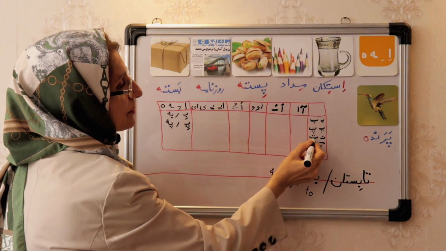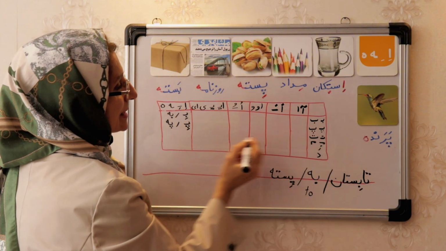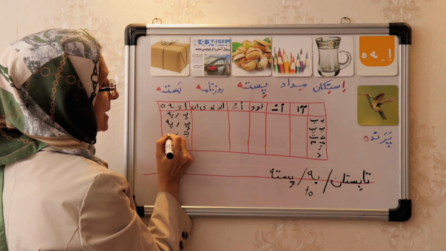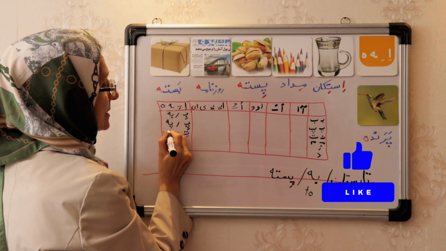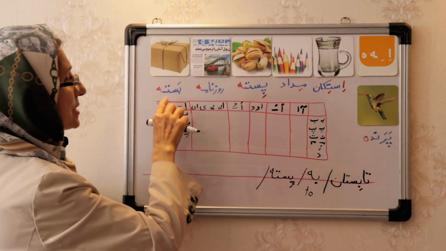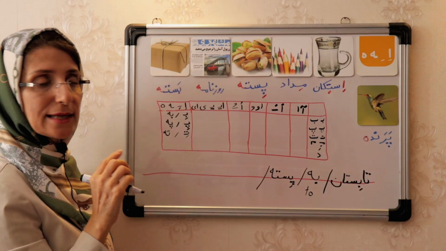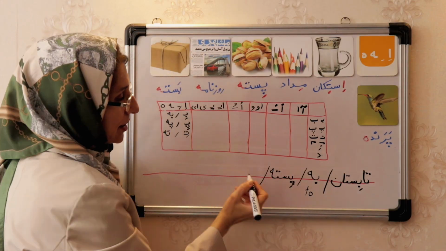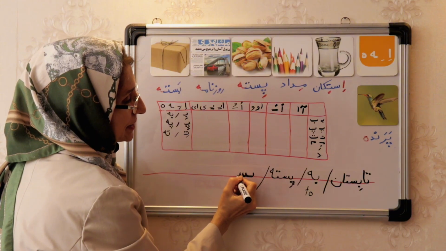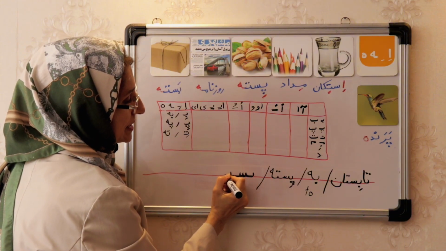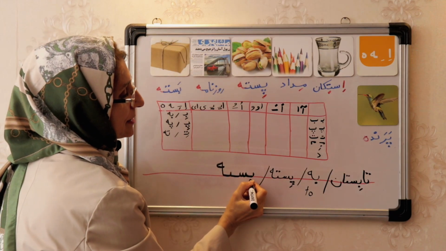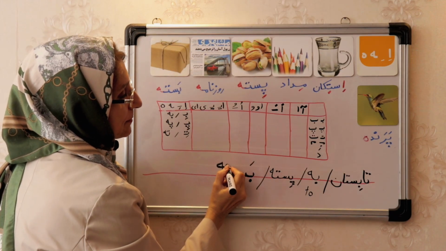Peste, peste, and T and A will be T and T. Look at here. Baste, baste. B, one tooth for B, three teeth for C, one tooth for T, and A آخره چسبان.